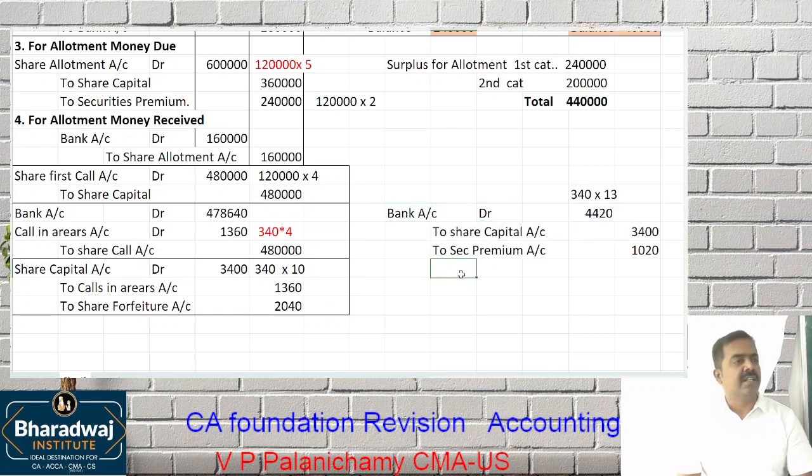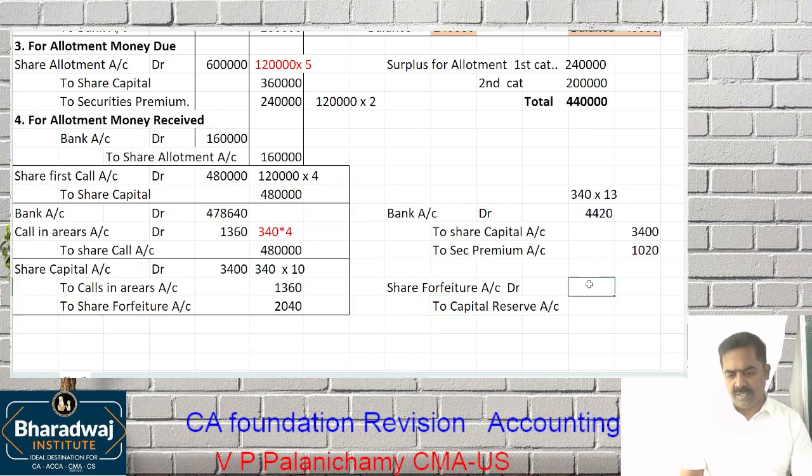Now, is there a loss on reissue? The entire share forfeiture can be transferred to capital reserve.